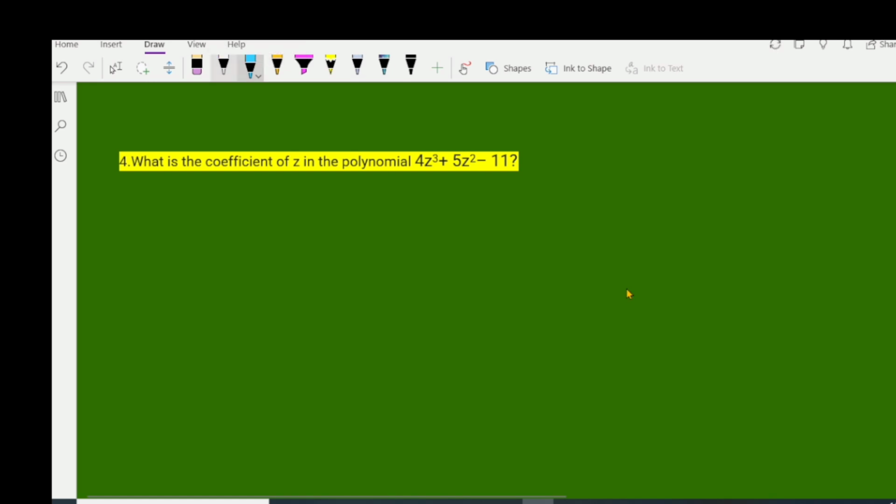What is the coefficient of z in the polynomial? The given polynomial is 4z power 3 plus 5z squared minus 11. You can see no z term appeared in this question. That means z vanished there. How did it vanish? Originally the polynomial is in the form of 4z cube plus 5z squared plus 0z, so we cannot see the term involving z.